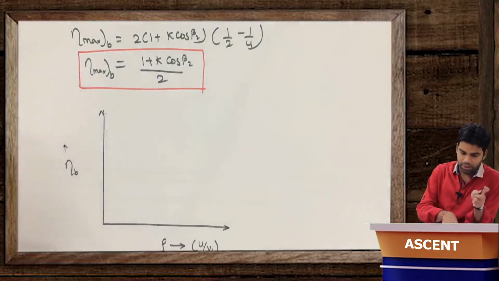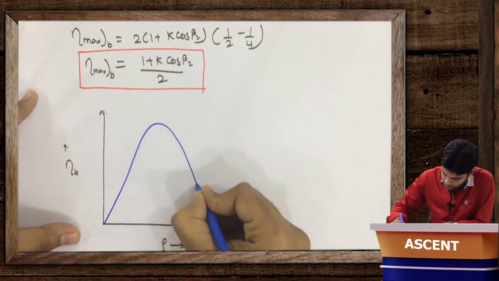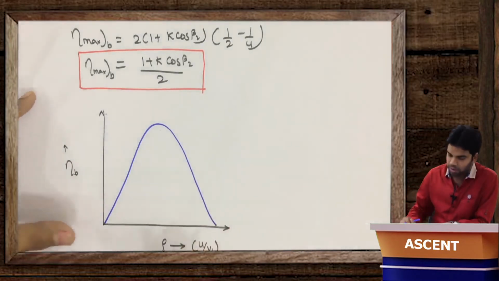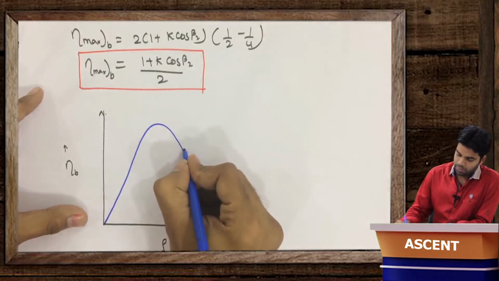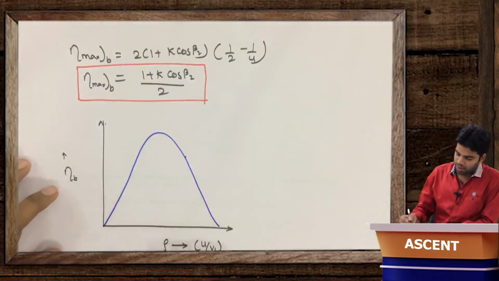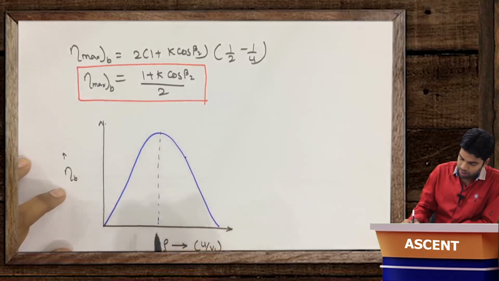Okay, so I will get one parabola here like this. This is the variation of efficiency with respect to rho. Getting this? Okay, so this is the graph, and the value of rho at maximum efficiency, as I told you, is 0.5.